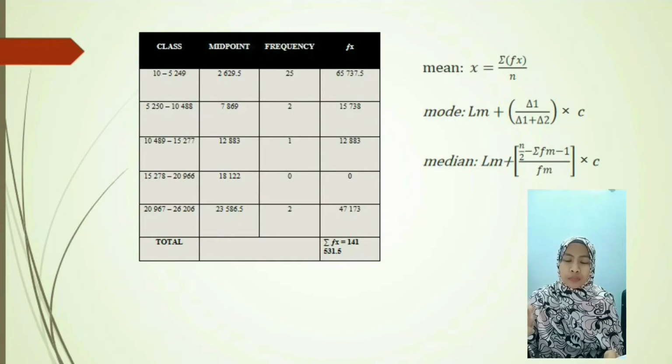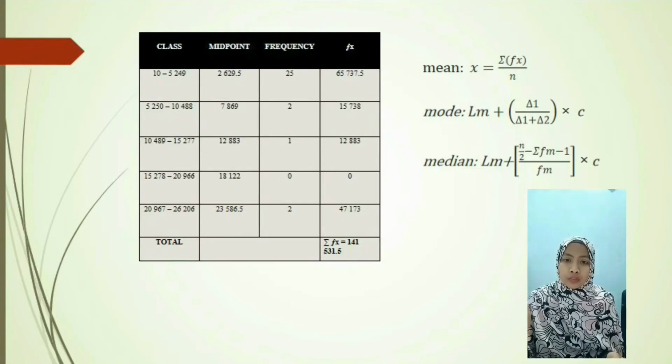The formula for mean is x bar equals total fx divided by n. For the mode, it is Lm plus d1 divided by d1 plus d2, multiplied by c. For the median, Lm plus n over 2 minus total f up to m minus 1, divided by fm, multiplied by c.